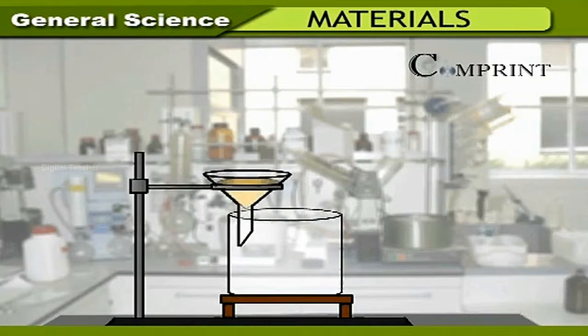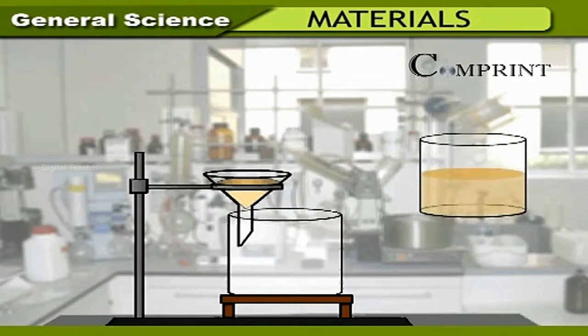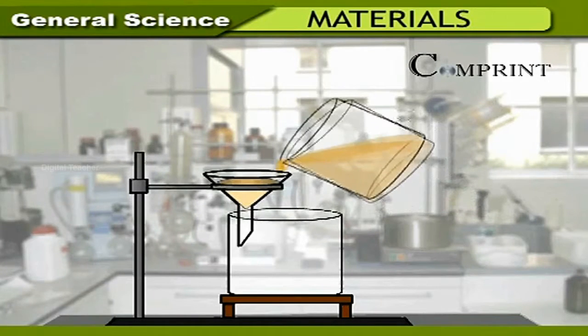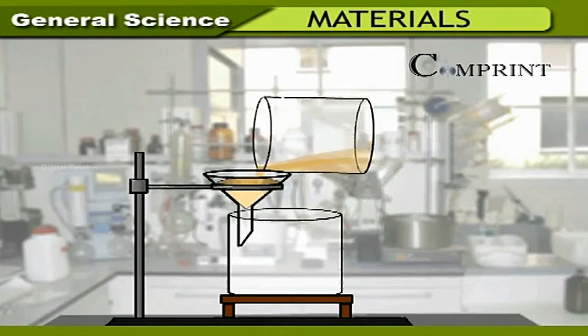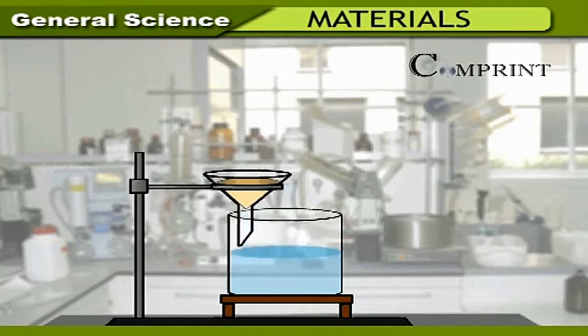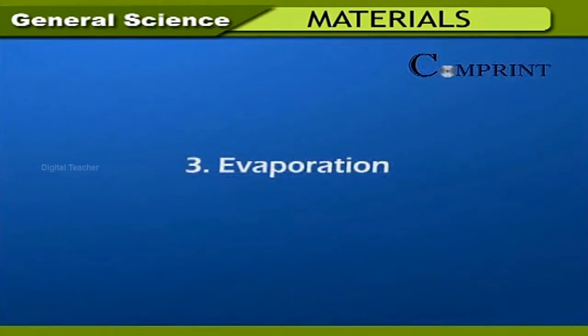Now, pour some muddy water into the filter paper. Then, the mud particles settle on the filter paper, which is placed in the funnel, and the clean water enters into the beaker through the holes of the funnel. The dirty particles present on the filter paper are called residue. Clean water collected into the beaker is called filtrate.